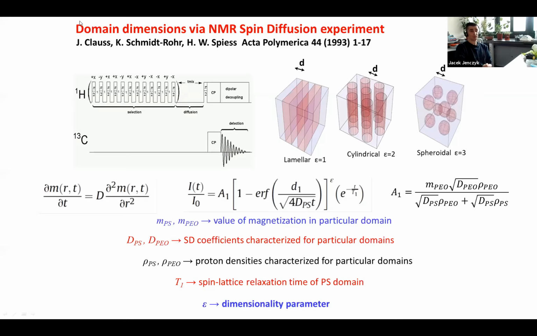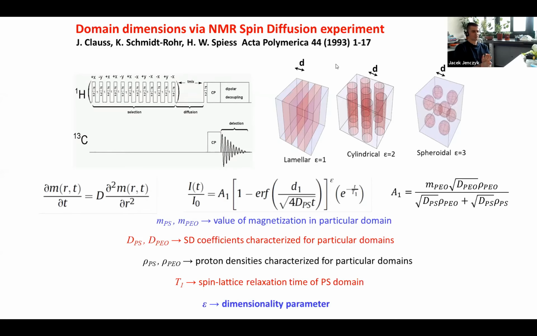And therefore, using this kind of trick, we can get rid of the magnetization which is placed within the rigid domains. And in such a way, we introduce spatial inhomogeneities in terms of magnetization distribution within the samples.